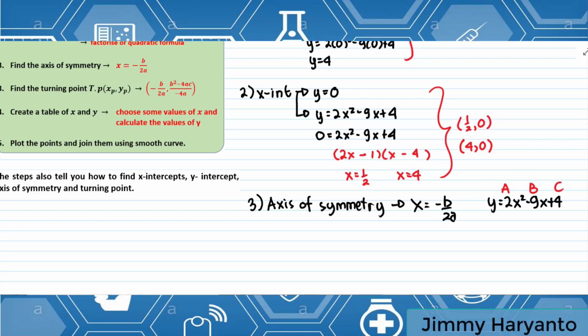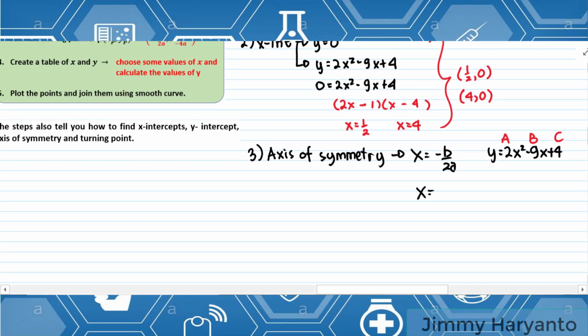And then we calculate the axis of symmetry: x equals negative b, negative negative 9, over 2 times 2. So the result will be 9 over 4, in decimals 2.25. So x equals 2.25. You can use fractions or decimals either.